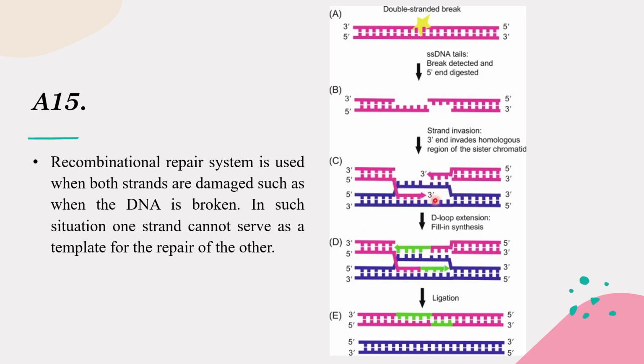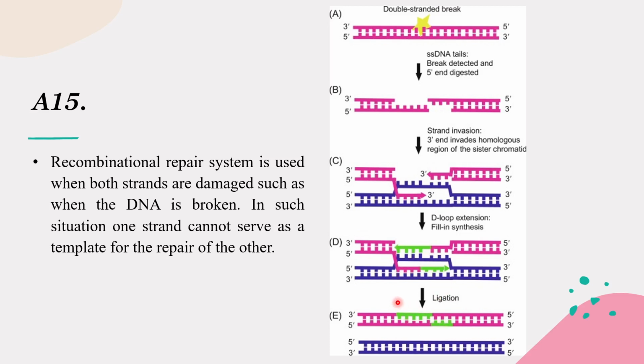Then D loop extension happens and fill in synthesis happens in the presence of DNA polymerase enzyme. After that, just a simple ligation process happens and the DNA breakage has been repaired.